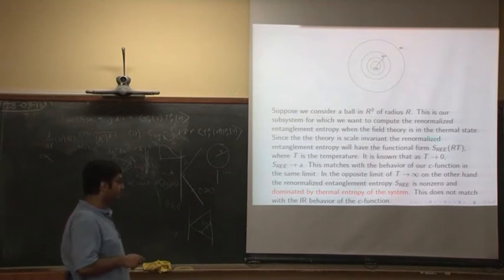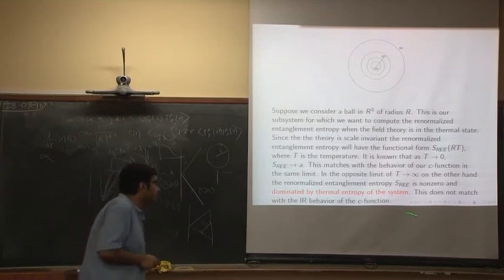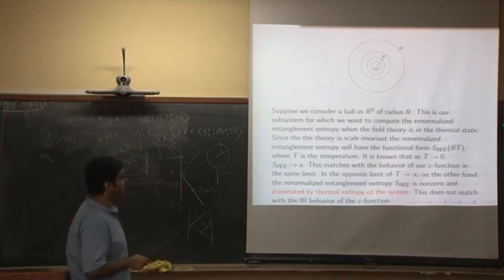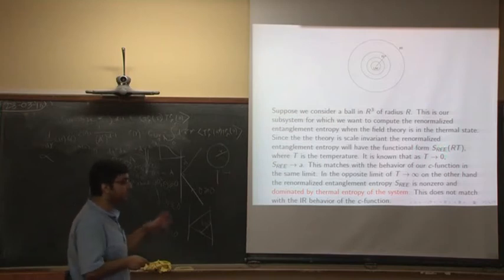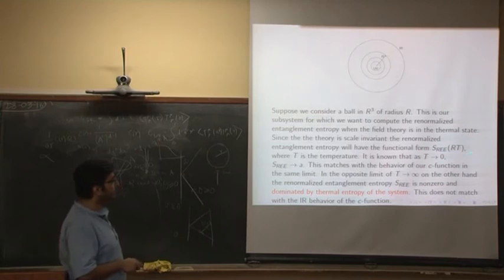It is actually intuitively quite clear what happens in this case. I define my renormalized entanglement entropy, since it's a finite quantity, for a conformal field theory at finite temperature, so it's going to be a function of R times T, where T is the temperature. If you make R small, this quantity goes to the ultraviolet central charge of, say, the 4-dimensional field theory.